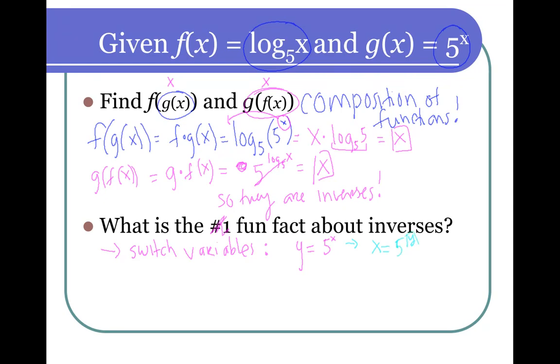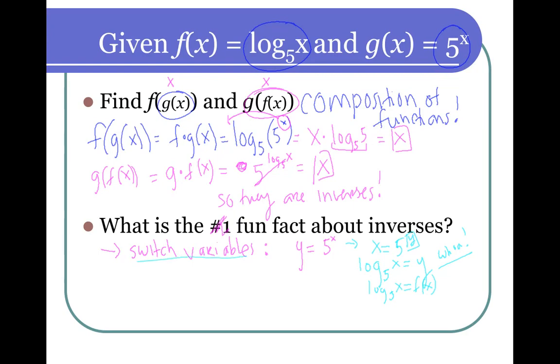Well, in order to solve for y, I'm going to have to do, right, the exponent that turns 5 into x is y. Whoa. That's f of x, right? So you just got log base 5 of x is f of x.